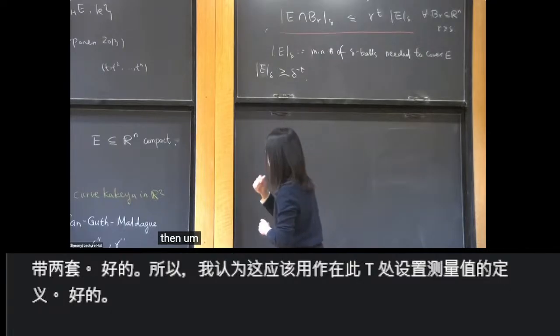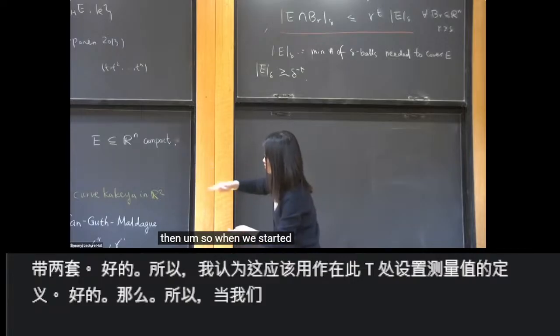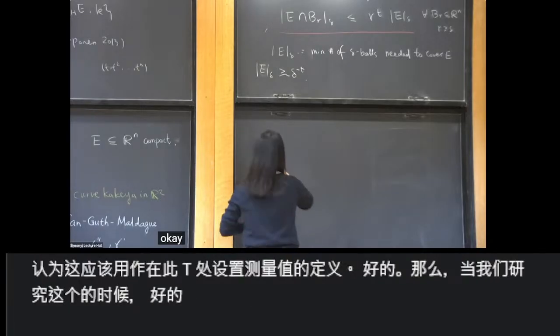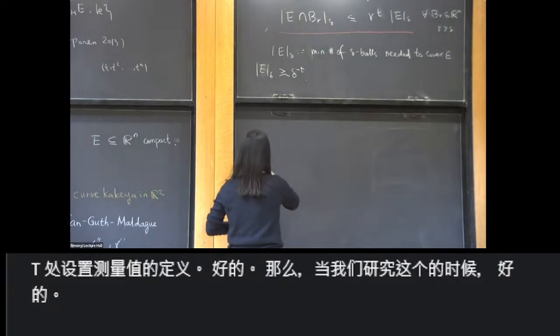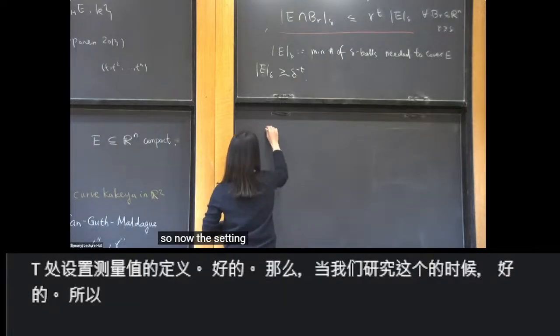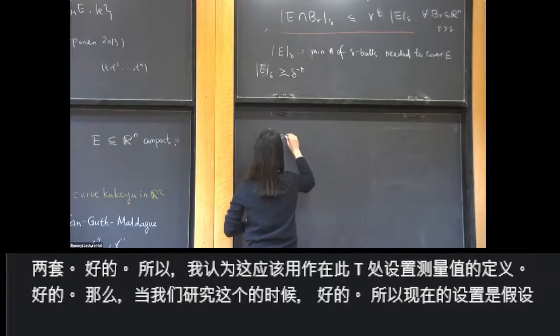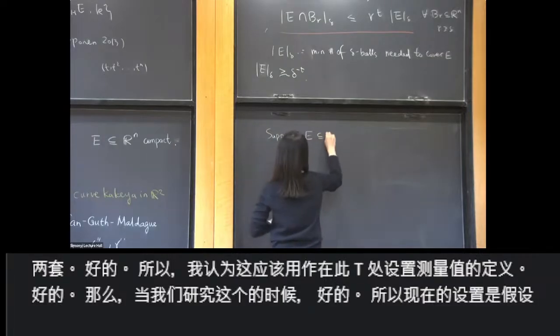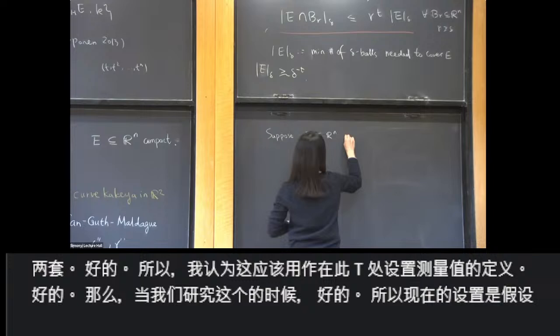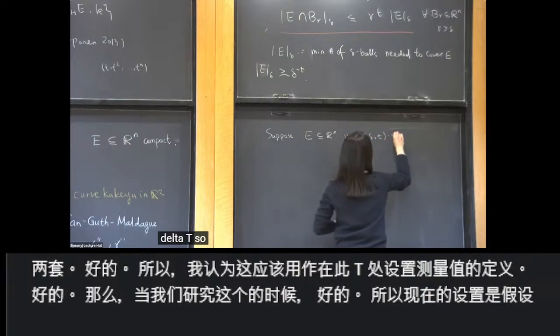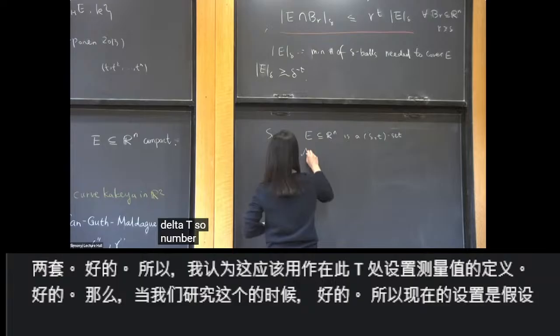Then, when we study this, okay, so now the setting is: suppose delta T, then lambda.